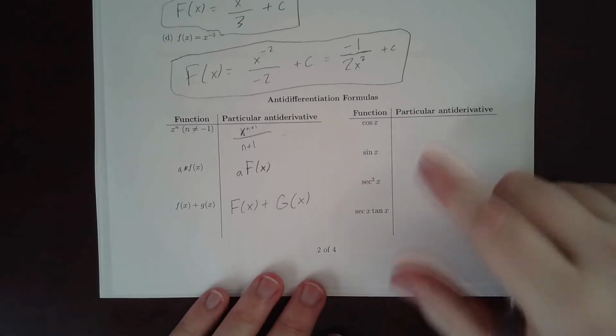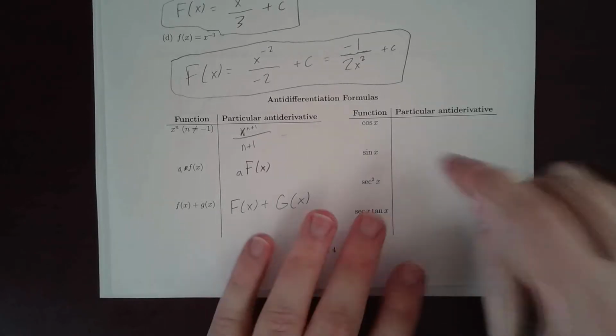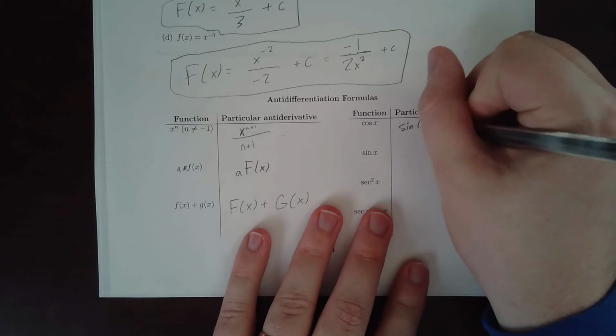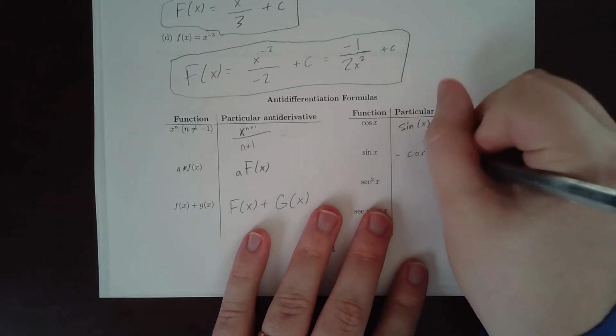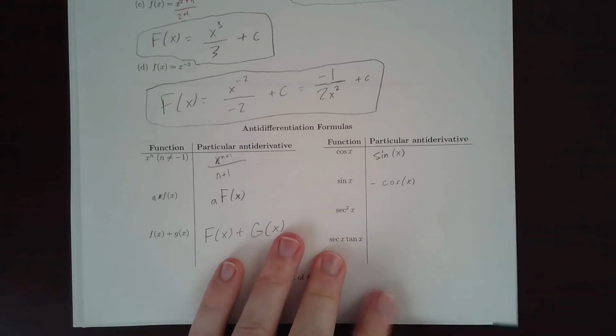Going for some of these more particular things with sine and cosine, say we had cosine, its antiderivative is sine of x. Say we had sine, its antiderivative is negative cosine of x. Again, you'll probably want to refer to this little chart up here about sines and cosines.